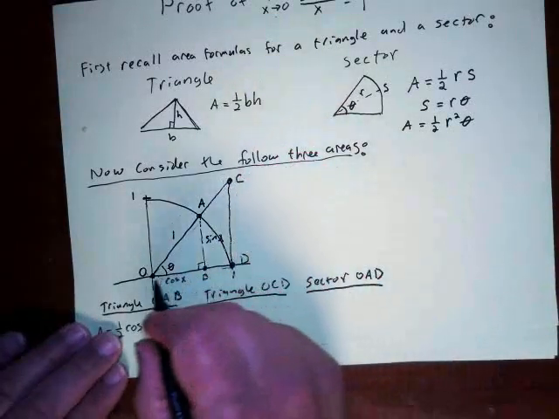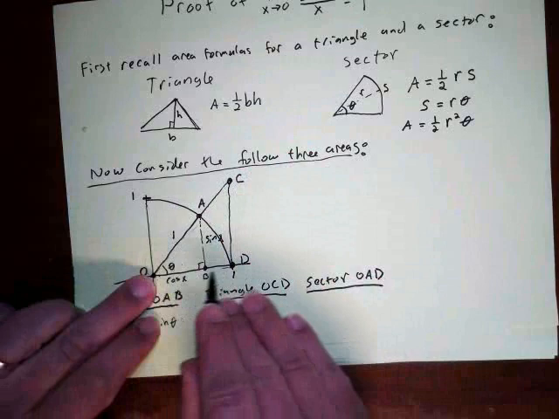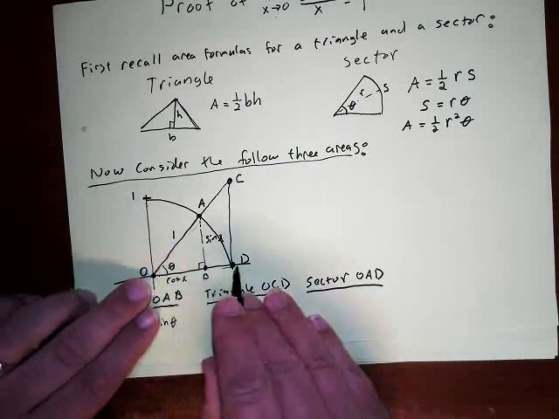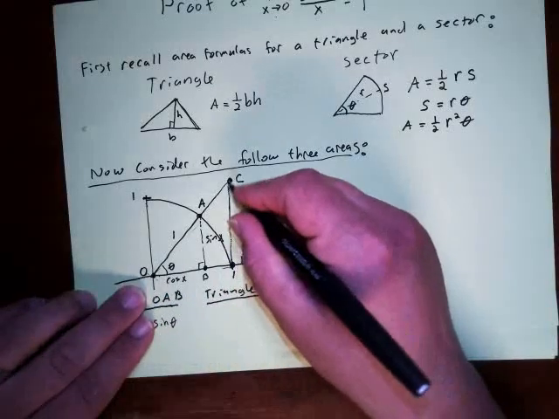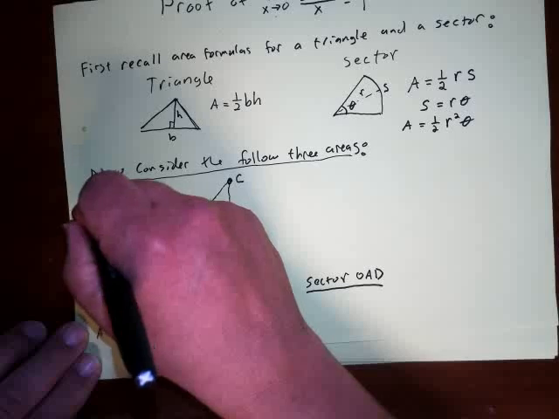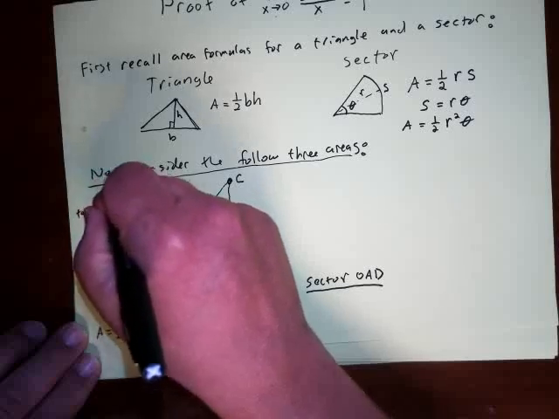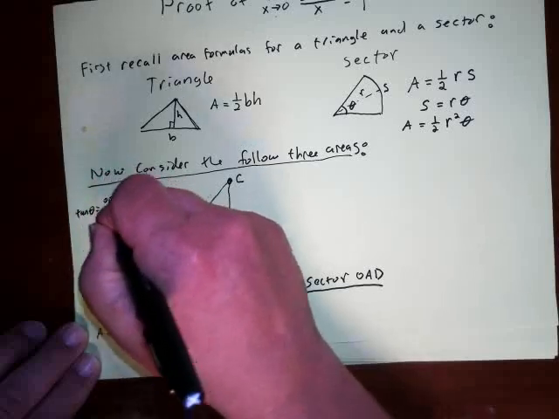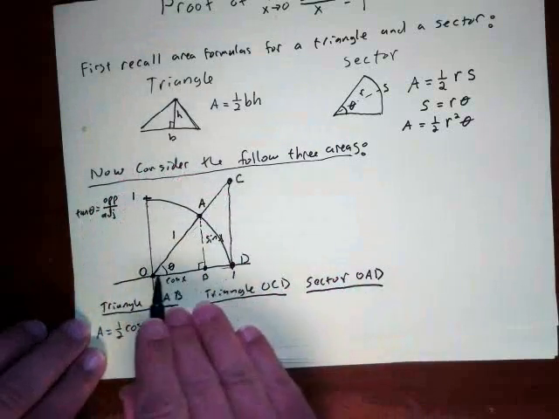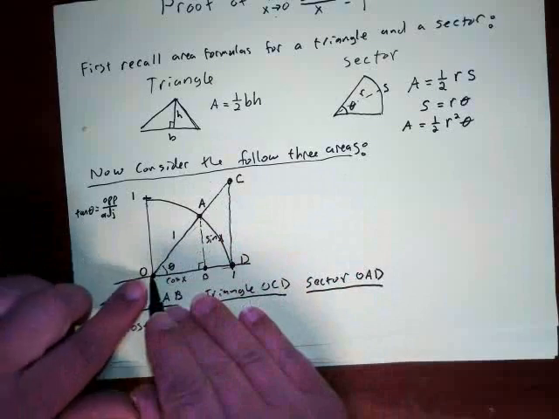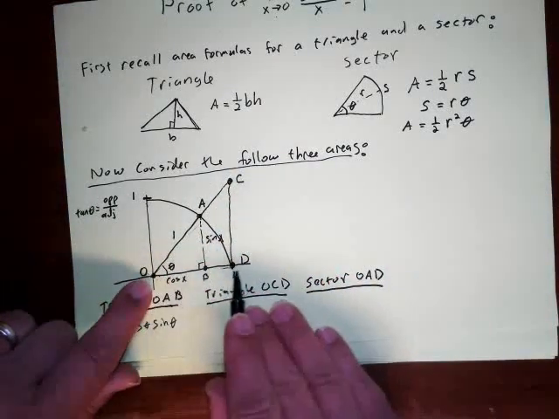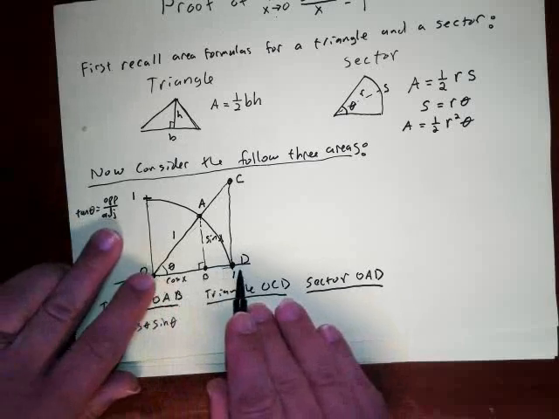Well, notice here that this side is equal to 1, right? And you can think of this side as being the opposite. So if I had tangent of theta, it would be equal to the opposite over the adjacent. But notice in this big triangle, that's a right triangle, and here's theta. Notice the adjacent side is equal to 1, right?